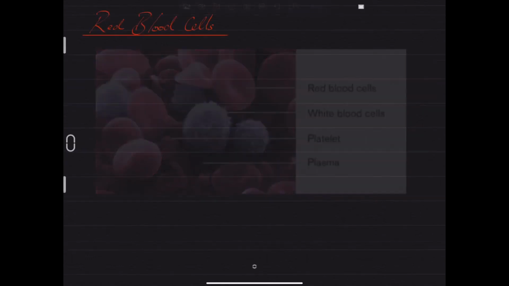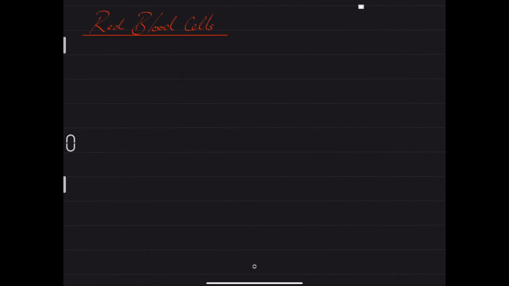So now we're going to look at red blood cells, the component that is found in blood plasma. So we're going to take a few points down about red blood cells, and then we're going to look at the structure in a bit more detail. The first point is that there are approximately 5 million in each cubic millimeter of blood.